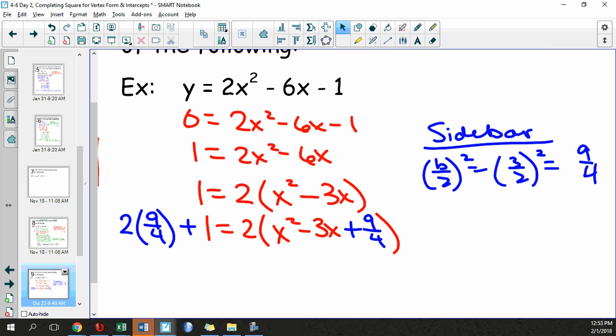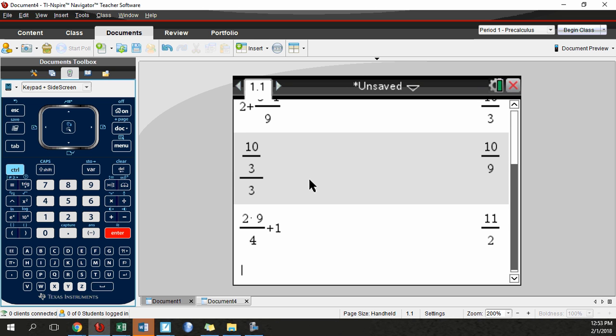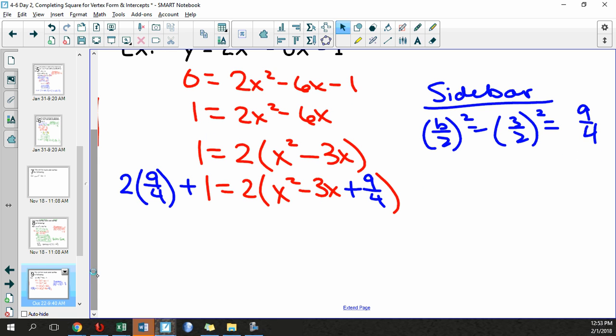You are simply going to go back to your calculator and let it do the math for you. 2 times 9 divided by 4 plus 1. And what's that give you? 11 over 2. So this gives you 11 over 2 is equal to 2.